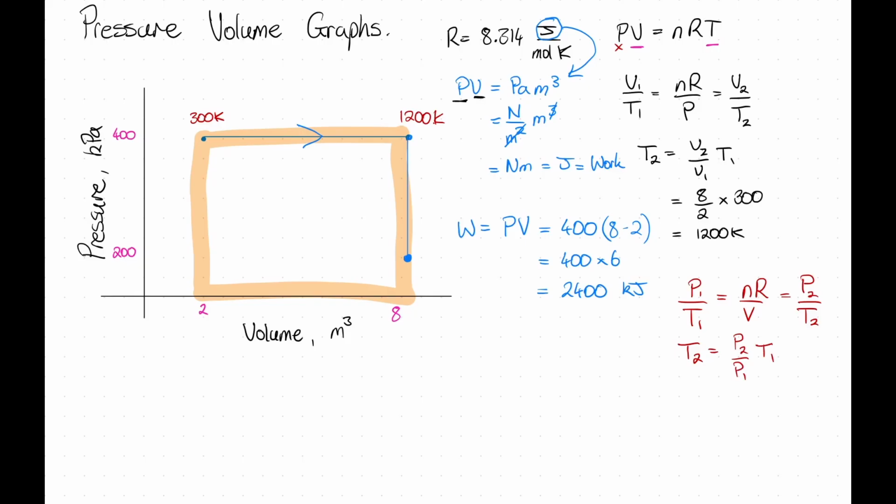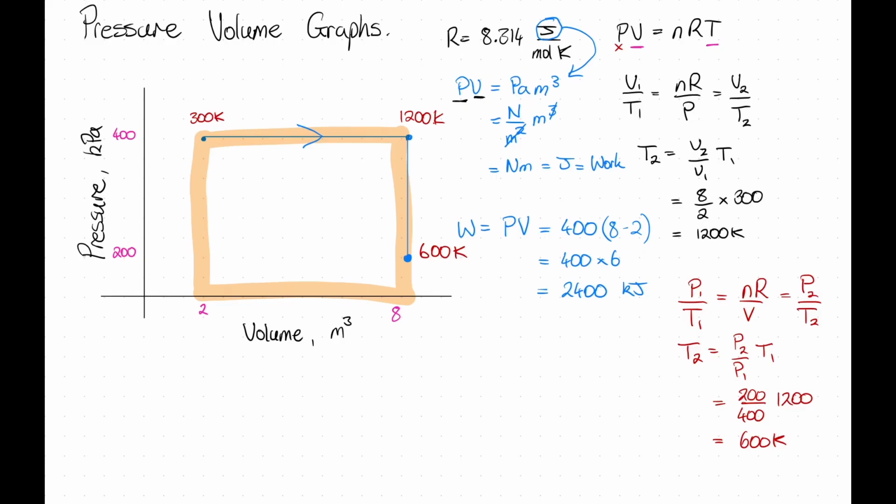Our initial temperature is actually up here because we are moving down to there. So our initial temperature is 1200 Kelvin. So we end up with our 200 kilopascals divided by our 400 kilopascals times the 1200 Kelvin, which is just going to come out as 600 Kelvin. So that means this point here is going to be at 600 Kelvin.